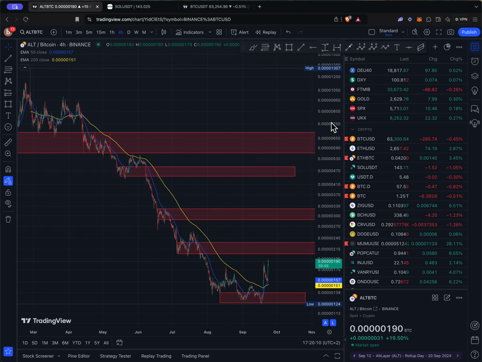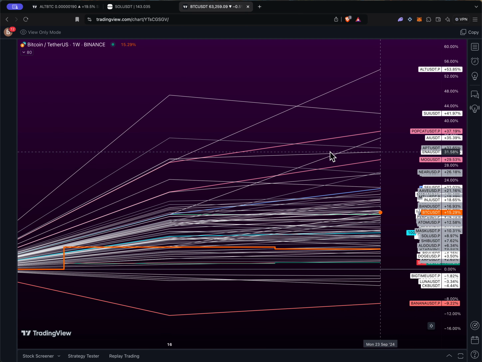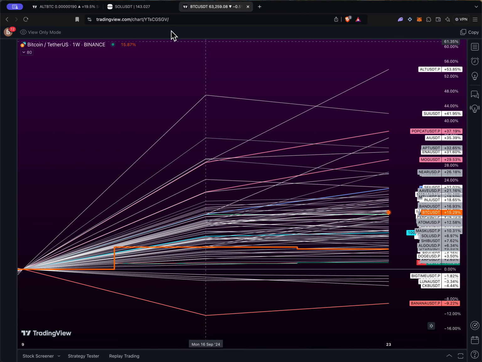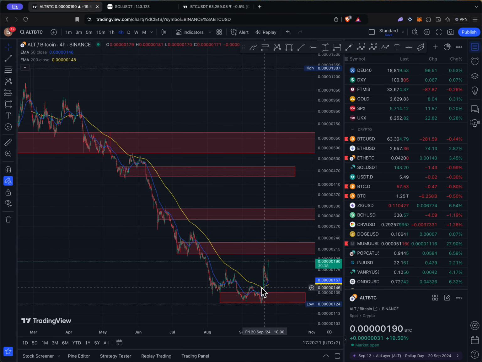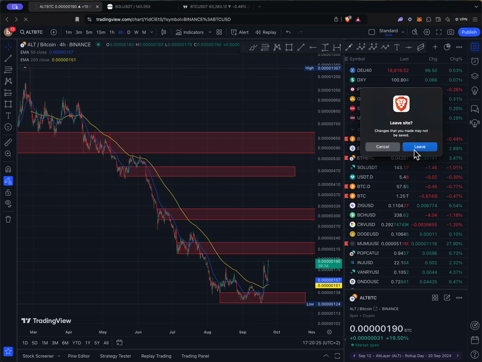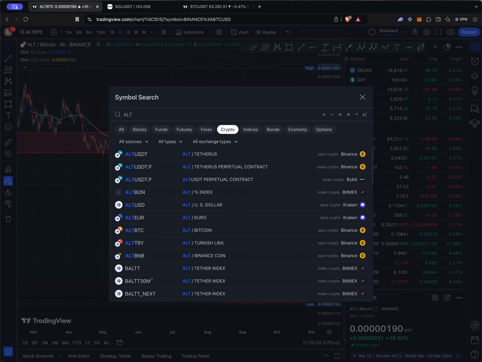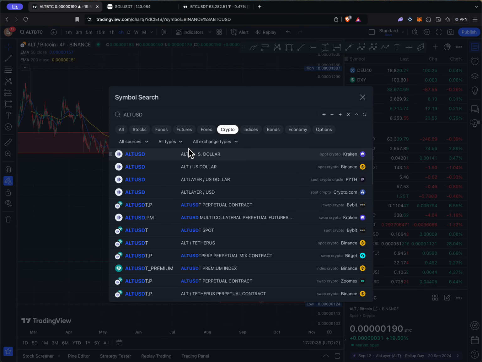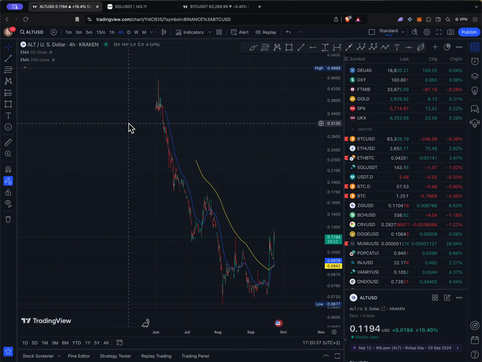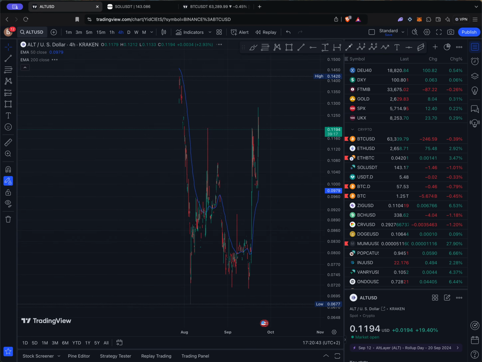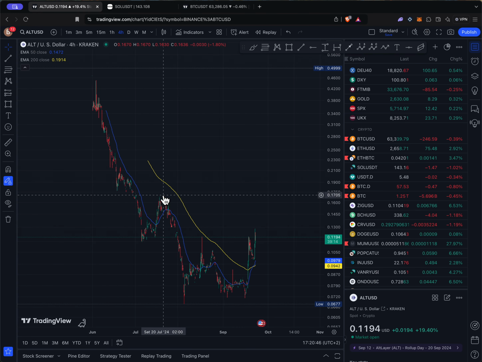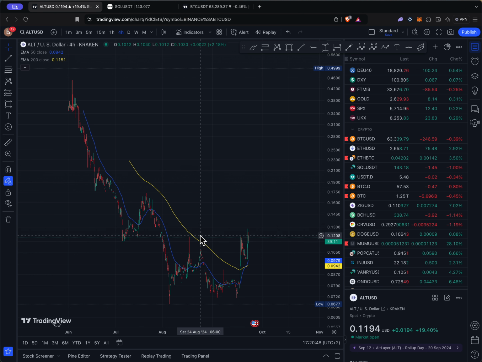And in this case, the spaghetti chart here is telling me, okay, this is overperforming. So maybe it can be super strong, but the charts are pointing, both here and in the Alt USD here, towards a high time frame resistance.